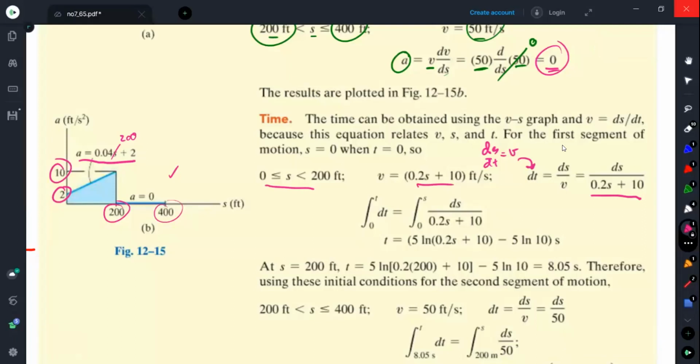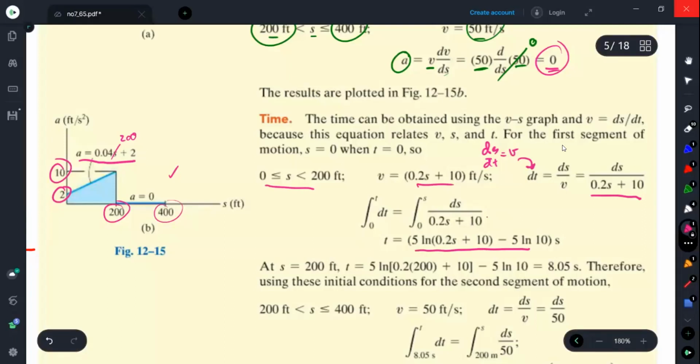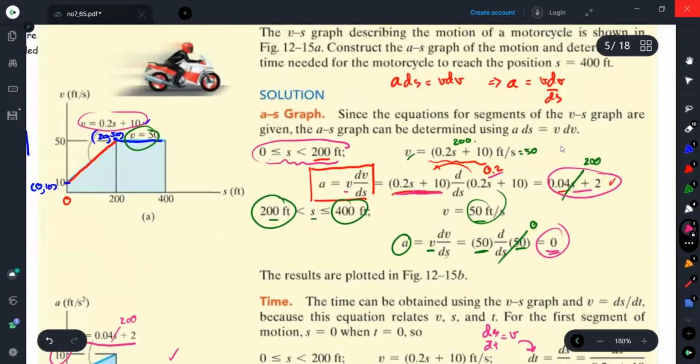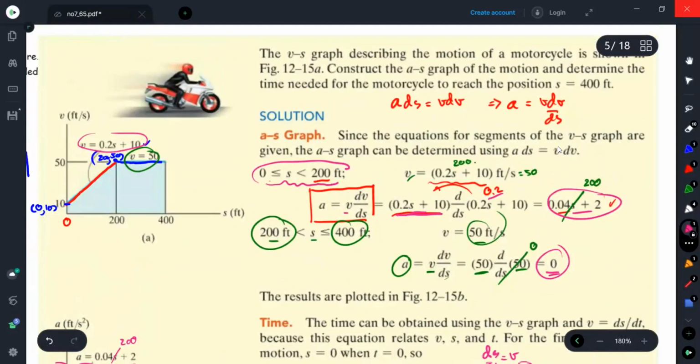When we integrate this term, we got this function, because we integrate from t equal to 0 to t equal to t on the left, and on the right-hand side, we integrate from s equal to 0 to s equal to s.